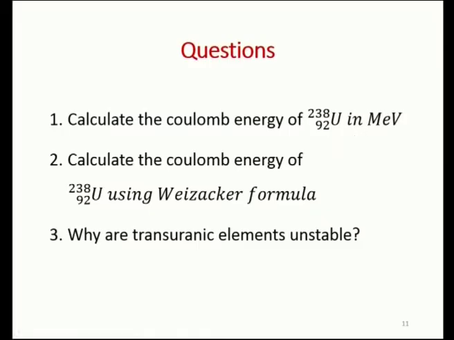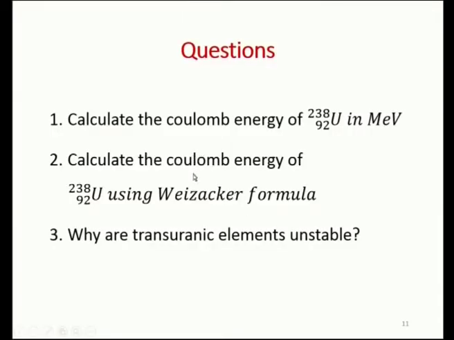Why did we say uranium? Because you will know that the Coulomb energy is large, that is why it is unstable and suitable for a nuclear reactor. So, calculate the Coulomb energy directly here and also using the Weizsäcker formula. Why are transuranic elements unstable?